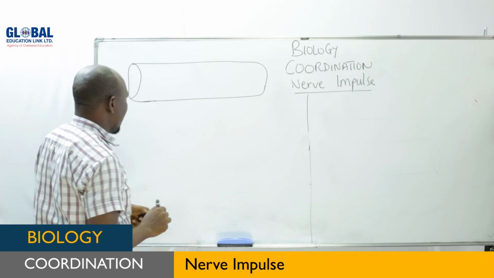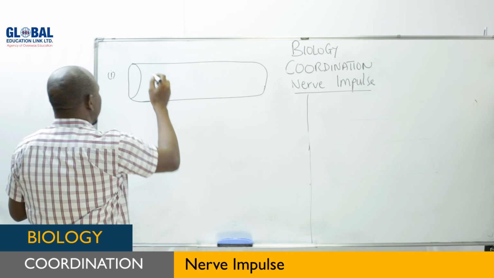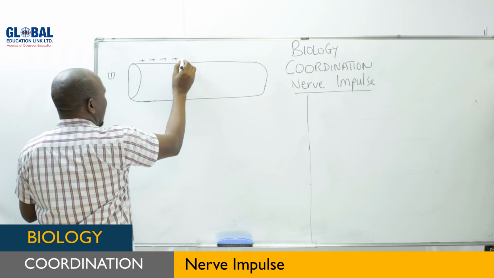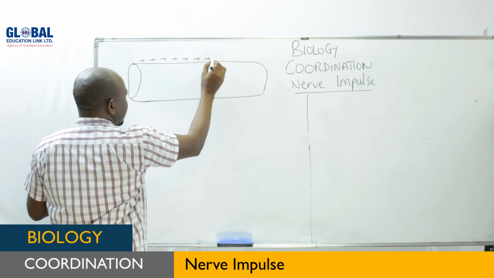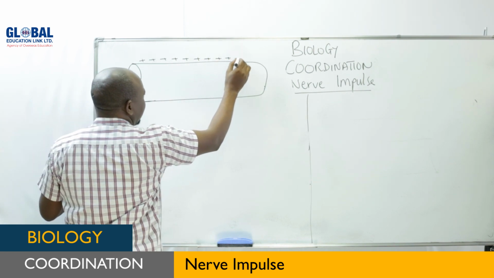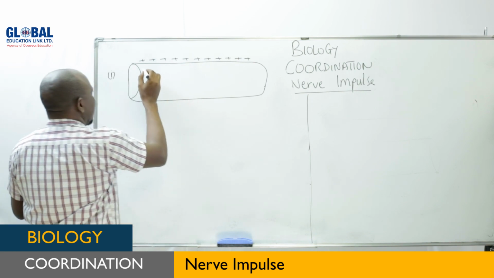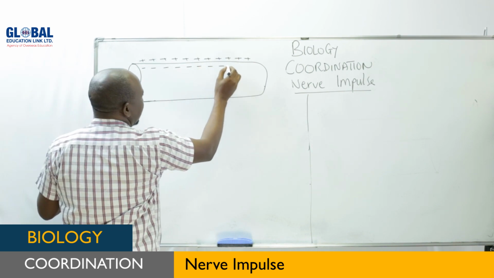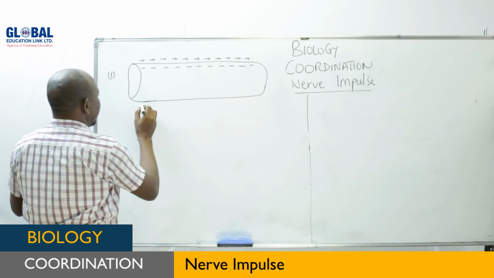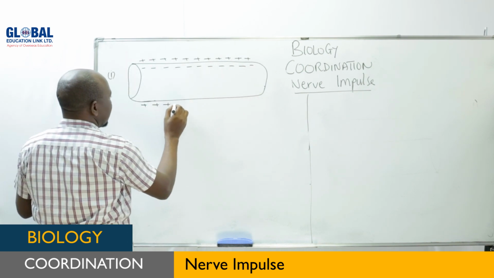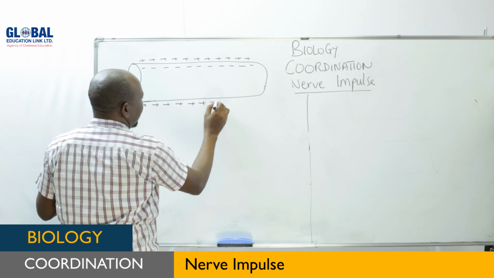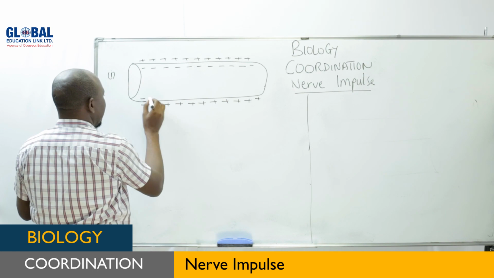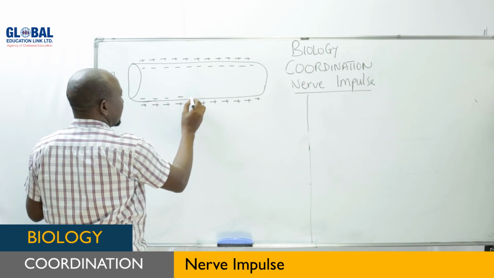Assuming this is our axon membrane, it is positively charged outside with the sodium ions and negatively charged inside. Likewise, both sides, positively charged outside and negatively charged inside.